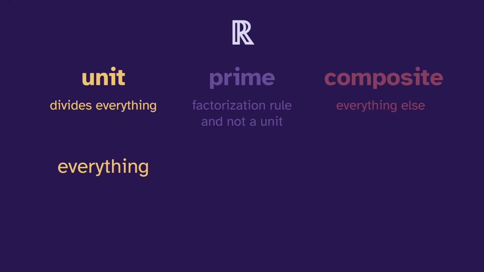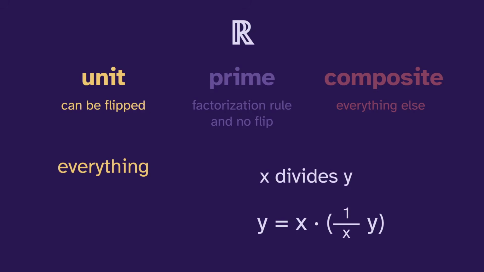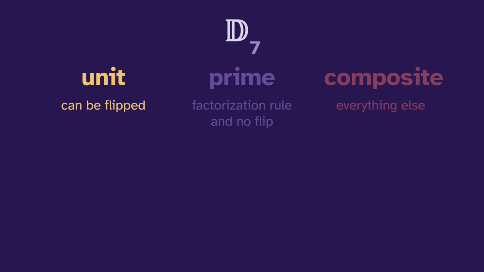Everything divides everything else. Any x divides y, since y equals x times y over x. There are no primes because there's too much divisibility. And we notice this happens because every x can be flipped into 1 over x. So the units are just the numbers that can be flipped. Okay, so how does this apply to D7?